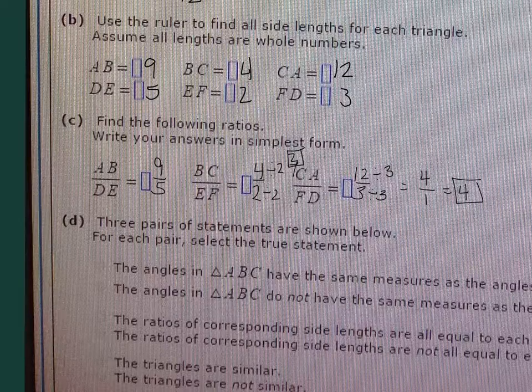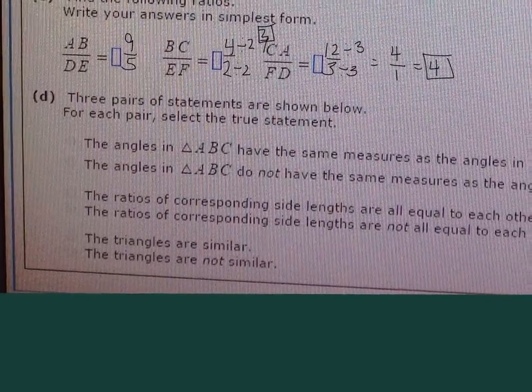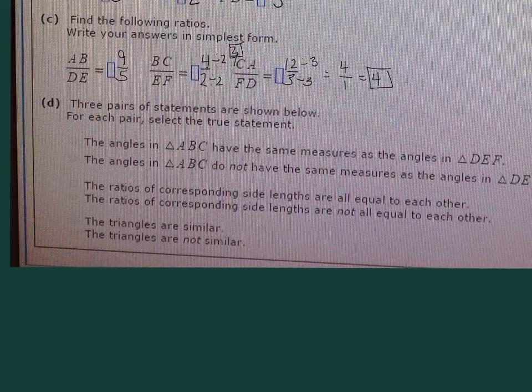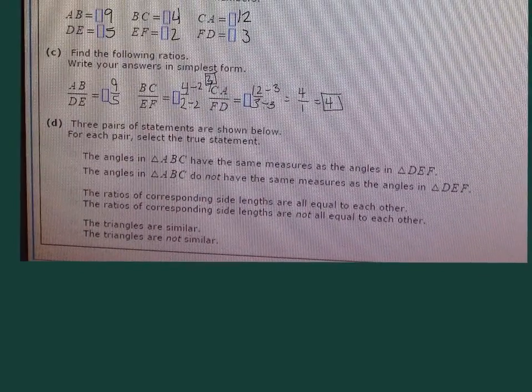Now we're going to take all this information and apply it to these questions. It says 3 pairs of statements are shown below. For each pair, select the true statement. The angles in triangle ABC have the same measures as the angles in triangle DEF. That is true, so we're going to pick that one.